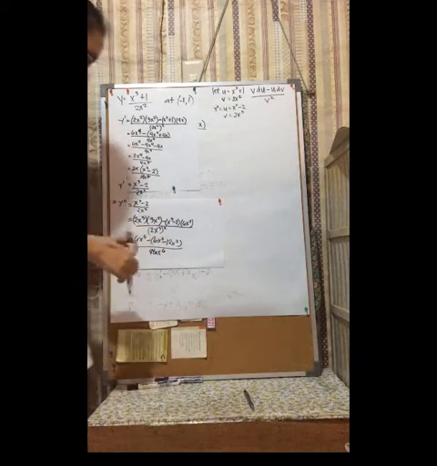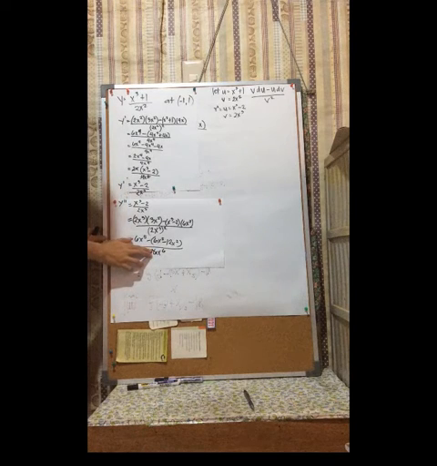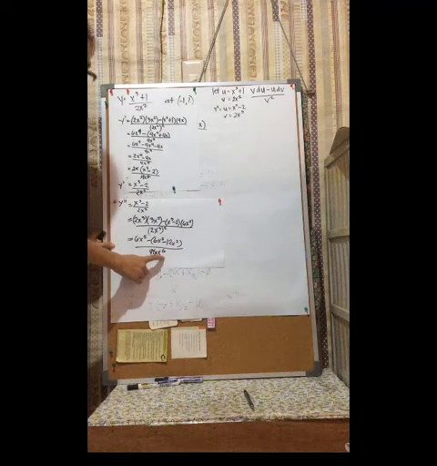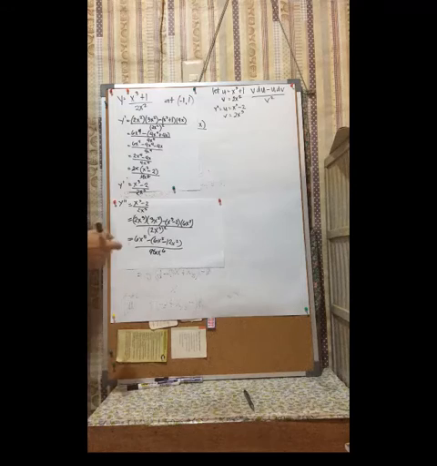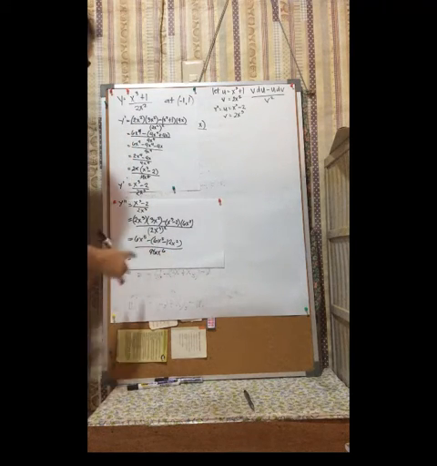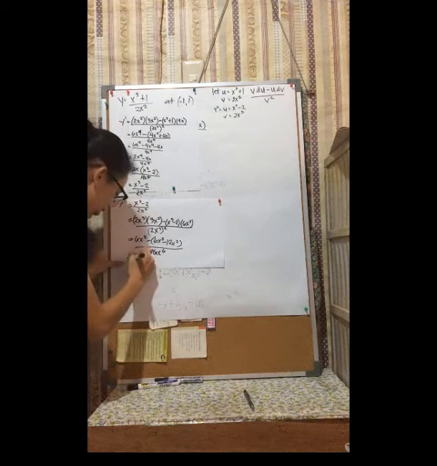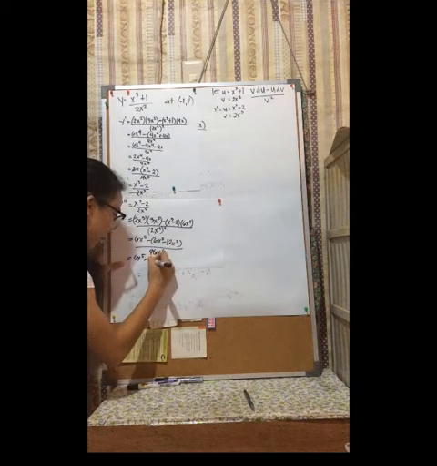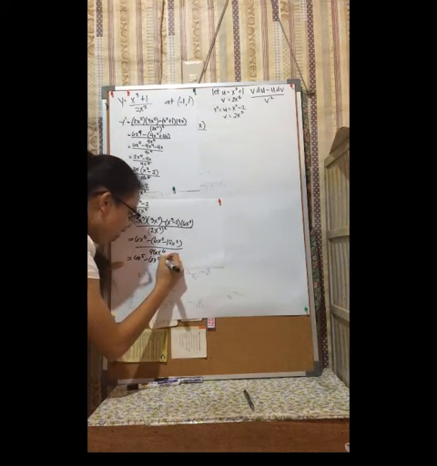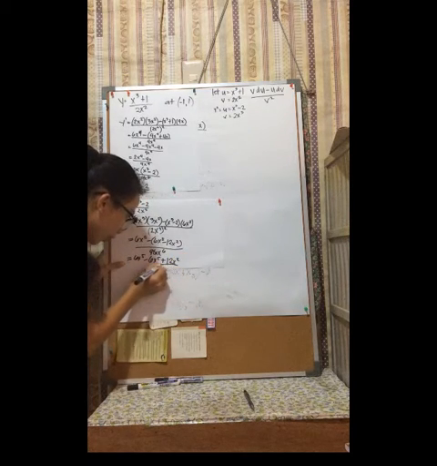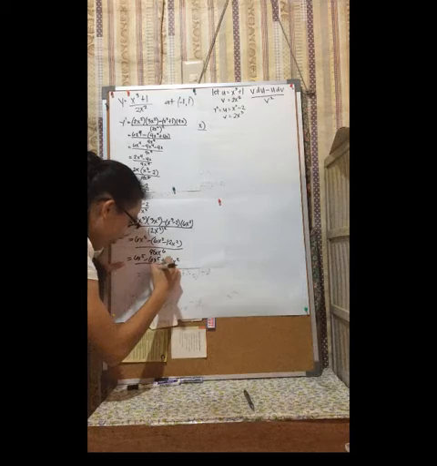My mistake, this is not 6x to the 6th, but 4x to the 6th power. Next, simplify: 6x to the 5th minus 6x to the 5th plus 12x squared, all over 4x to the 6th power.